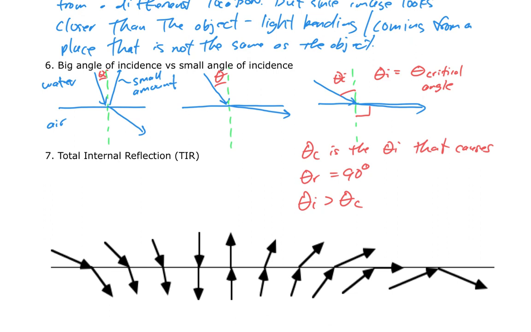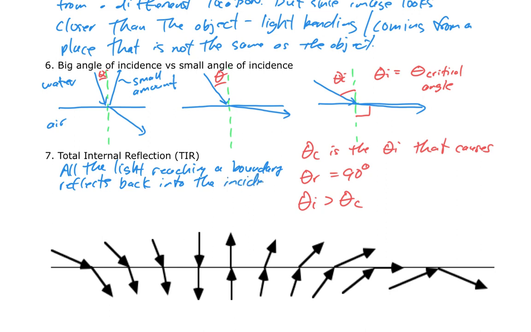So total internal reflection occurs when all the light hitting a boundary reflects back into the original medium, or we can call it maybe the incident medium, and none escapes to the second medium.